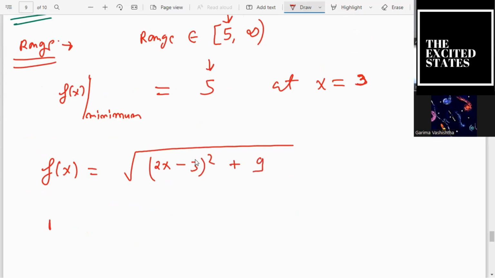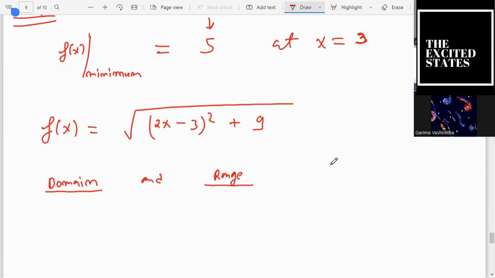Now tell me the domain and also the range. What will be the domain and range of this function? I think the domain can be any number.